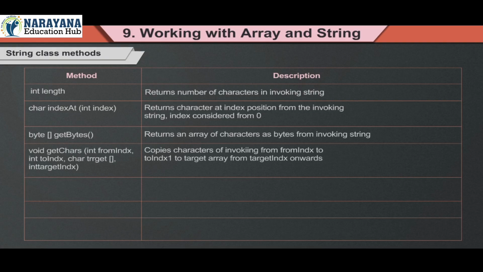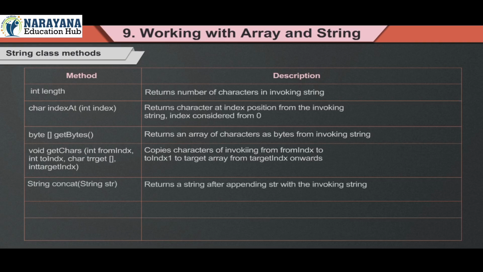Method: void getChars(int fromIndex, int toIndex, char[] target, int targetIndex). Description: copies characters of the invoking string from fromIndex to toIndex minus 1 to the target array from targetIndex onwards.